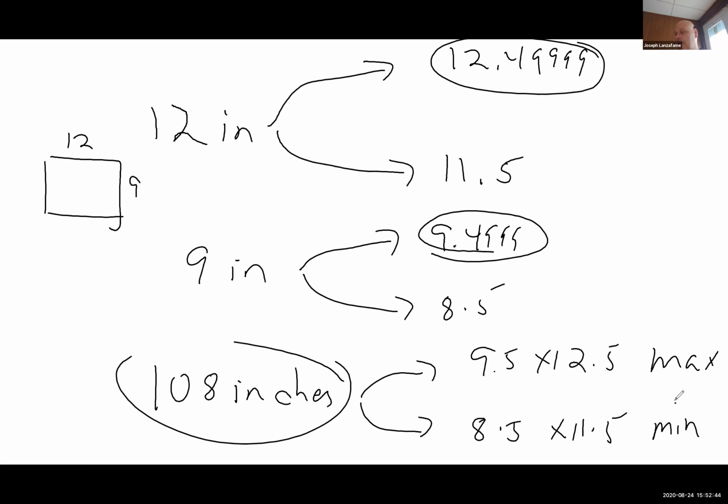And that's why it doesn't make a lot of sense to speak about 108 as though it's an exact number. If you actually do the math, this is like a little bonus for those of you watching the video since we didn't get to do the math in class today. 12.5 times 9.5 is 118.8.